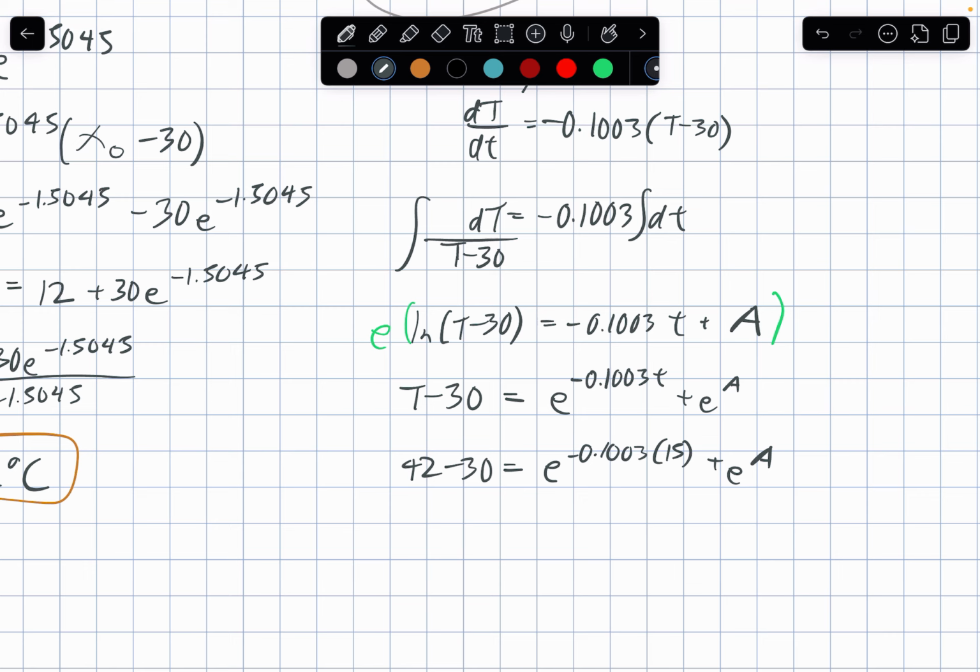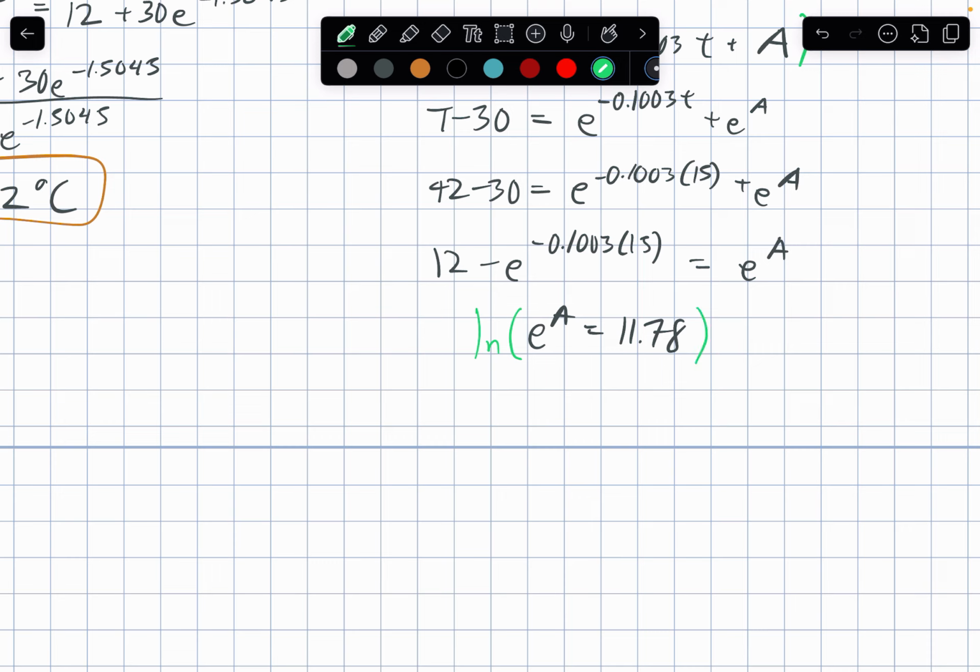Let's solve for e raised to a. 42 minus 30 is 12, divided by e to the 0.1003 times 15, equal to e raised to a. 11.78.